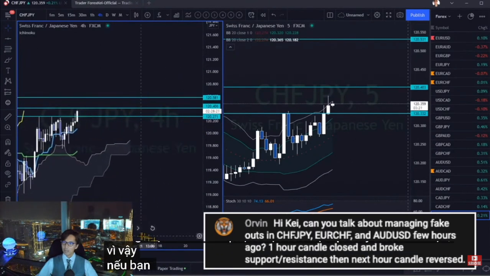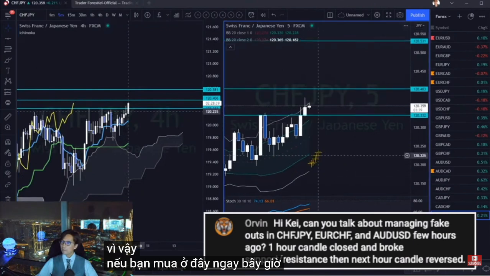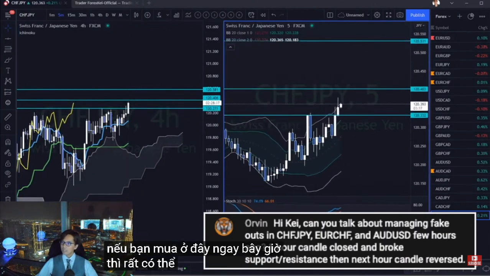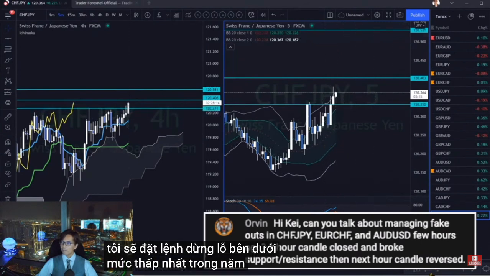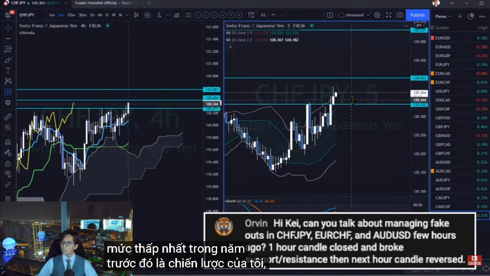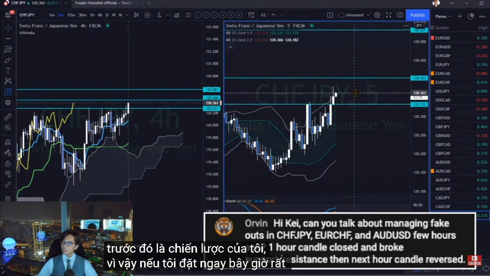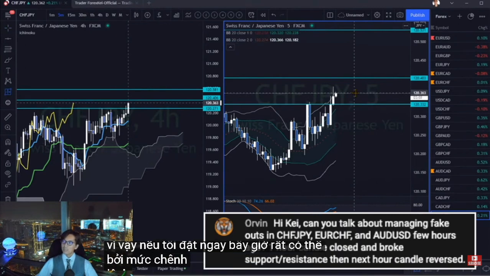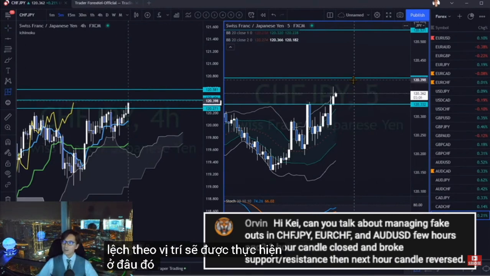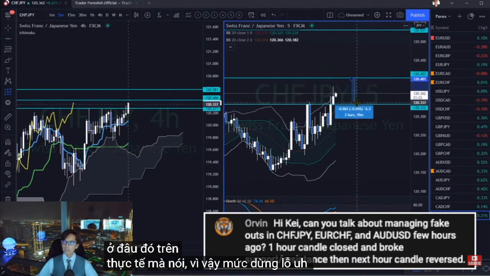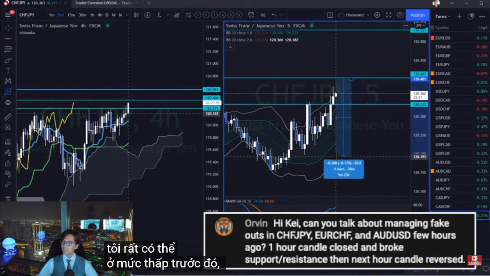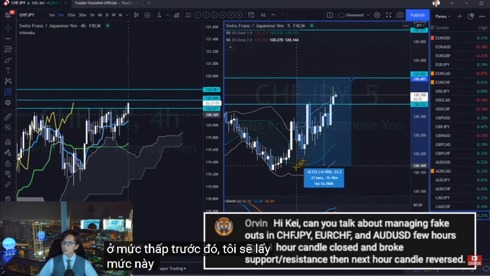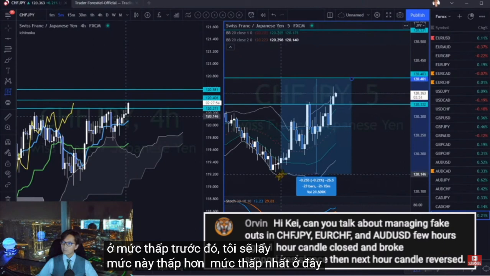But let's see. Once again, it depends on your risk management. If you buy here right now, then most likely I would place a stop loss below the previous low in the 5-minute chart, which is my strategy. If I place a buy right now, most likely with the spread, the buy position will be executed somewhere here, practically speaking. So my stop loss would most likely be at the previous low. I will take this low or all the way low here.